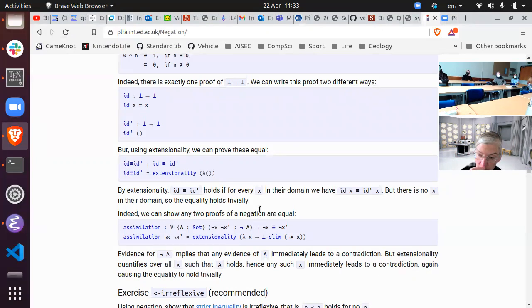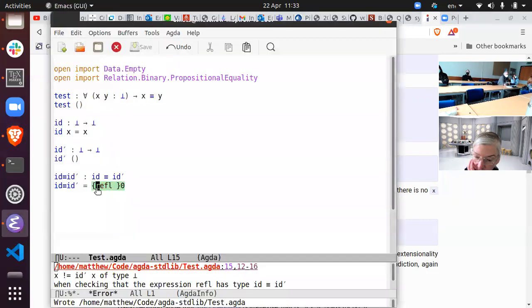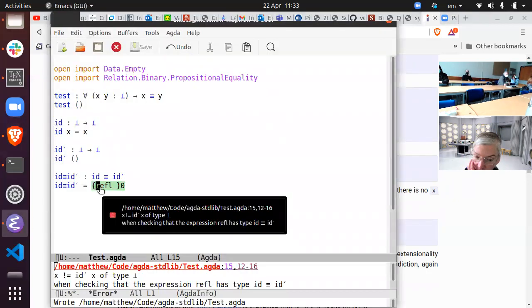There are special marks you can give to Agda that say this argument can never affect any of the resulting type. You can never case split on this argument, basically, at a high level. And in that case, with that proposal, this would go through.